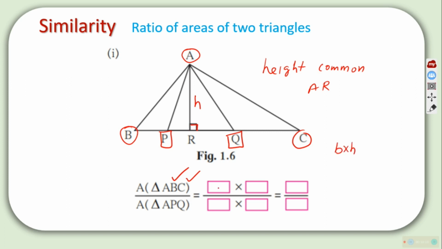So base in this case is BC and height is H, and for APQ base is PQ and height is again H, and I get this cancelled and I get the comparison BC upon PQ. That is, we are comparing the bases to get the ratio of areas of two triangles.